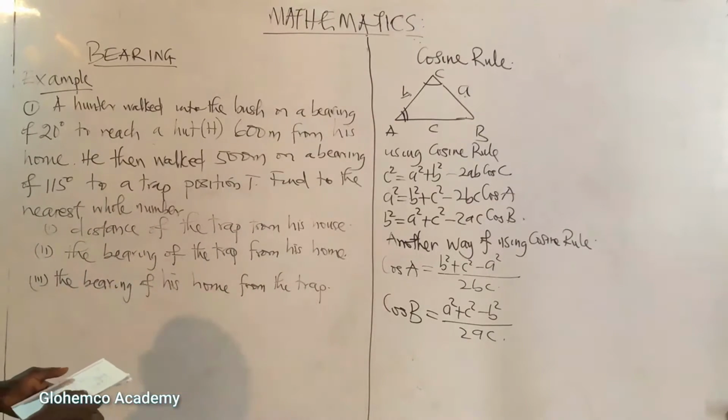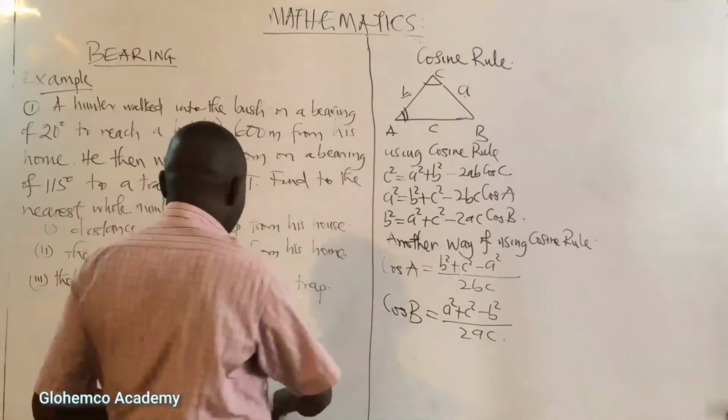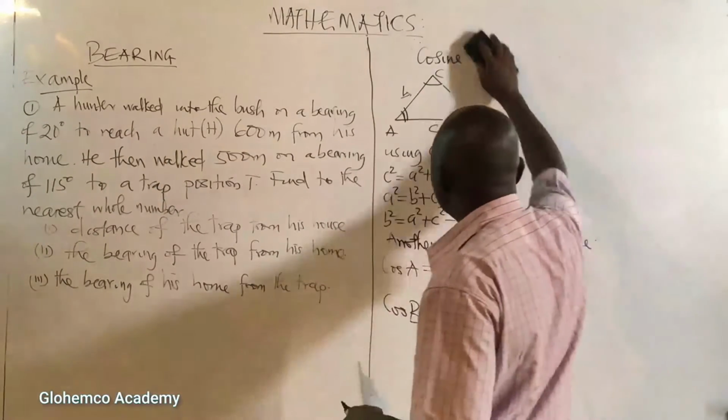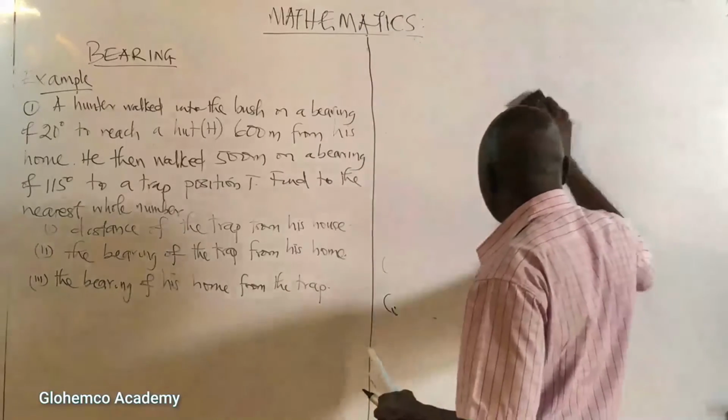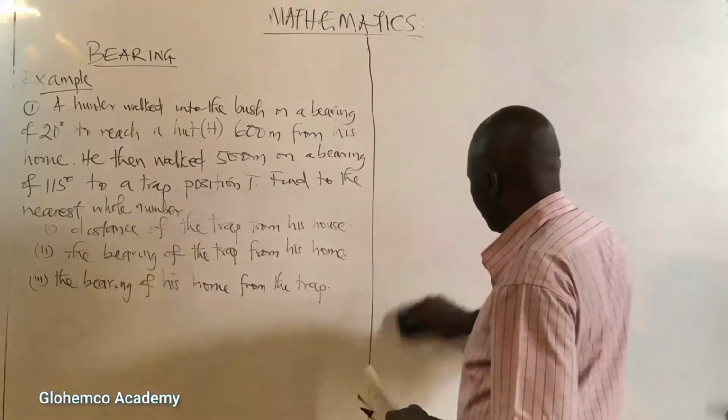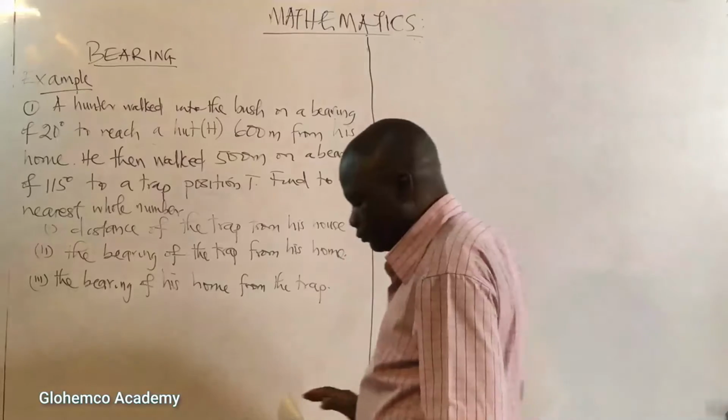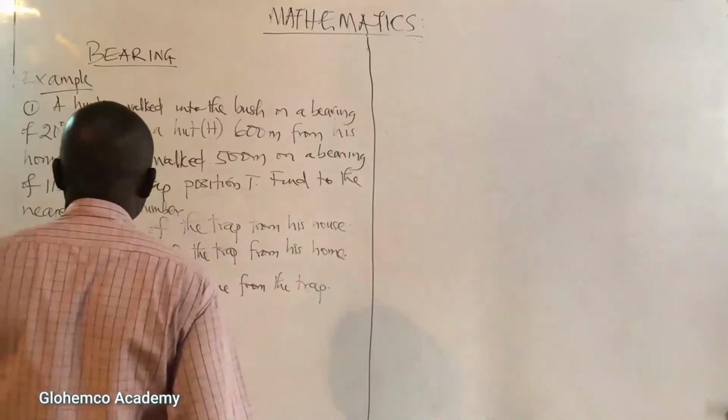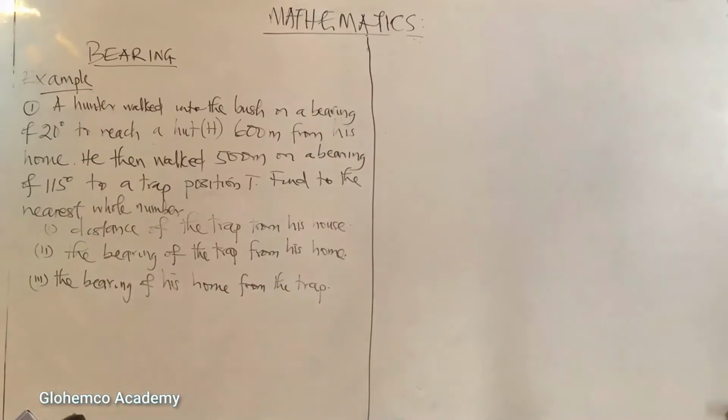Now, how do we solve this problem? It's a bearing problem. When you look at the question, a hunter walked into the bush on a bearing of 20 degrees to reach a hut H, 600 meters away from his home.